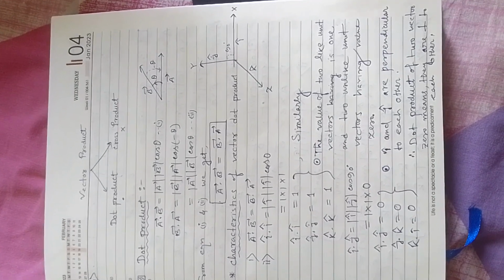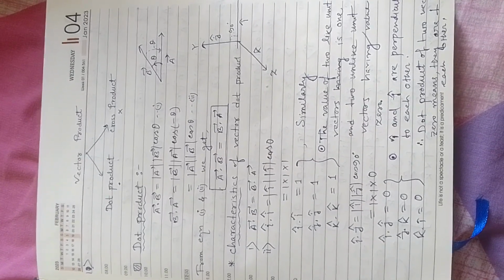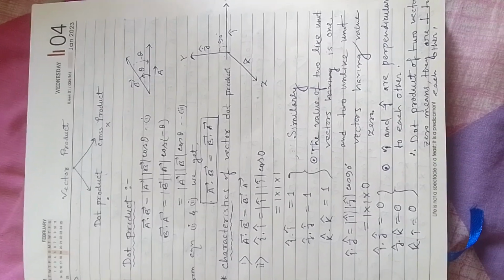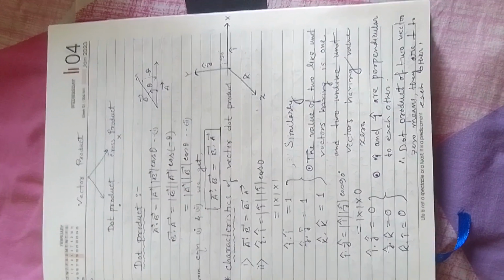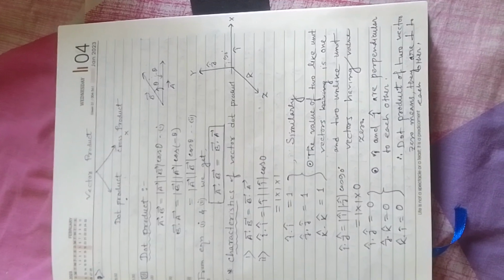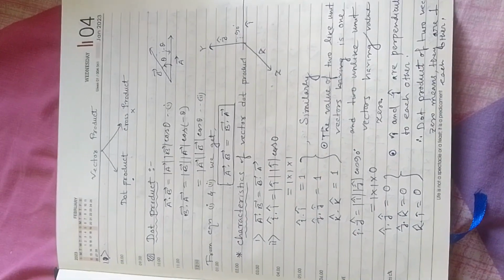Therefore i dot i is equal to 1 into 1 into 1, which is equal to 1. Similarly, the dot product of two like unit vectors: j cap dot j cap is equal to 1 and k cap dot k cap is equal to 1.